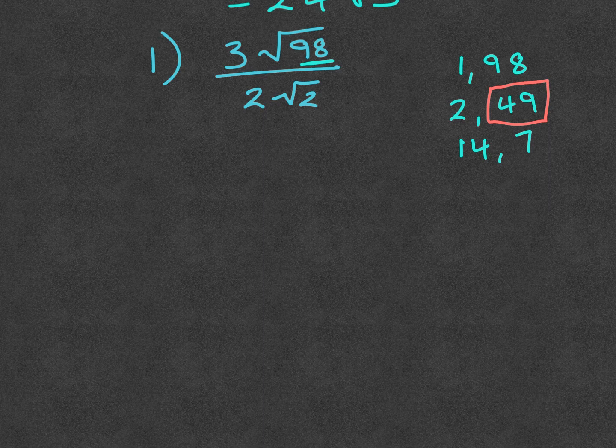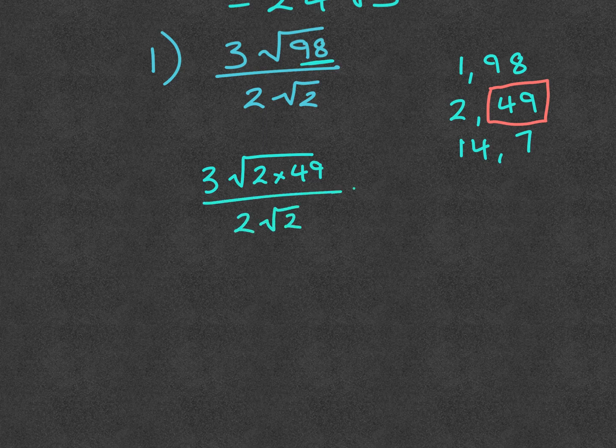Okay, so the way that we can simplify that is we can say that 3 times, now square root 98 is the same as saying the square root of 2 times 49. Our 2 root 2 is still there. Now that's going to simplify to 3 multiplied by root 2 multiplied by root 49 divided by 2 root 2.